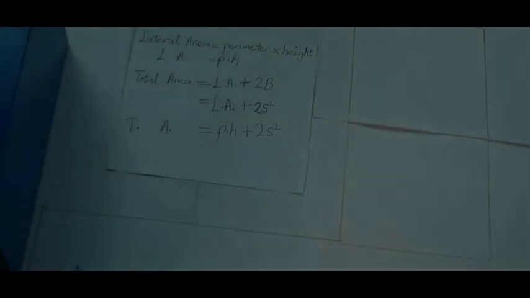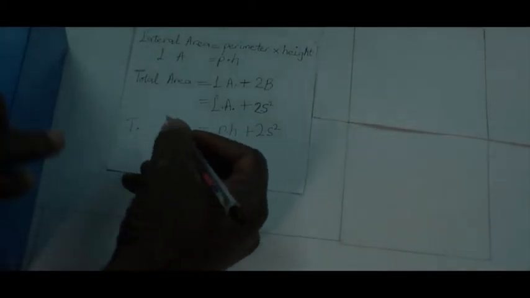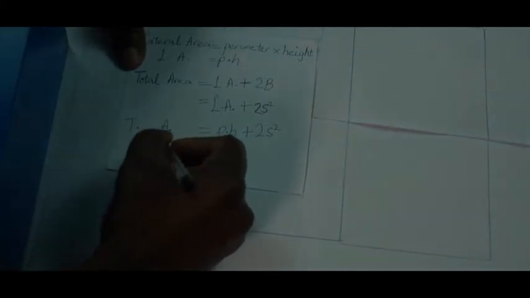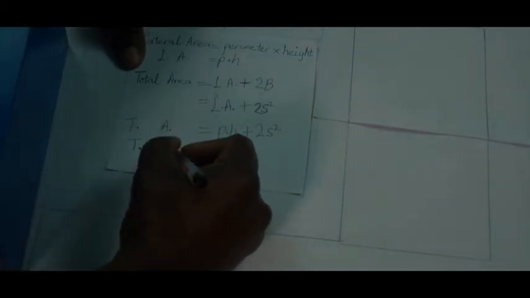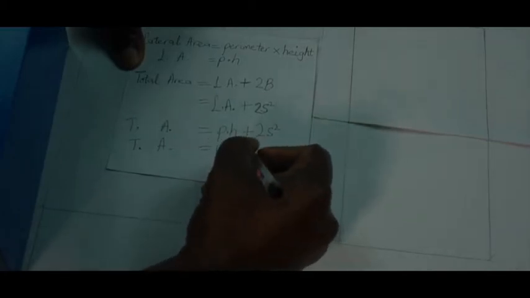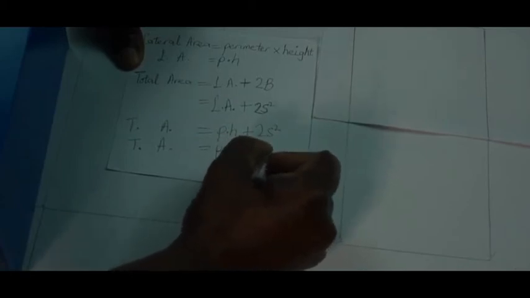So again, our total area equals perimeter times height plus 2.